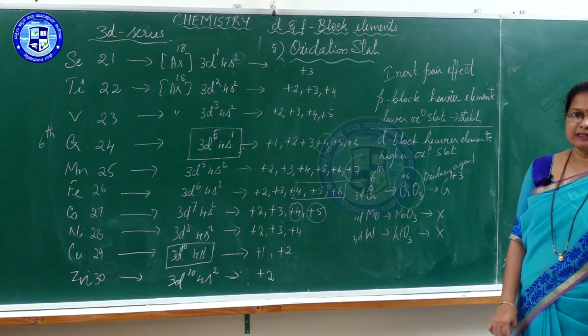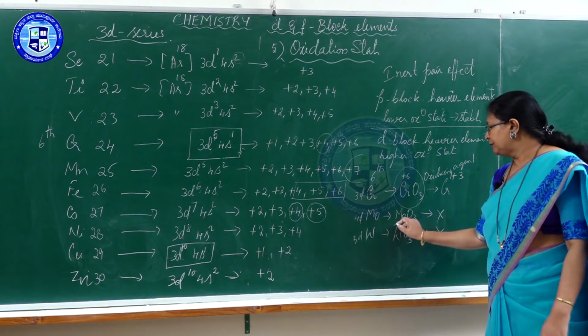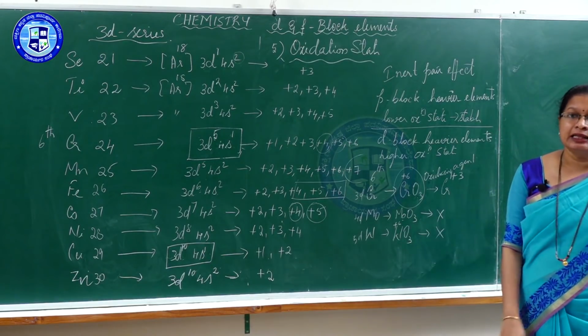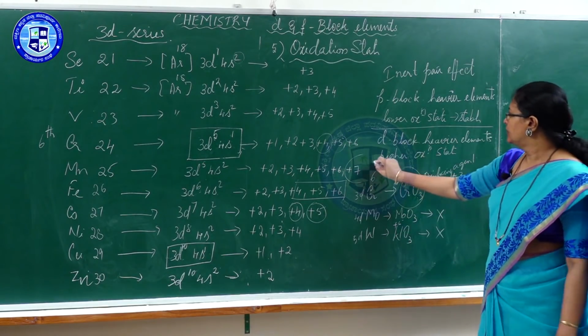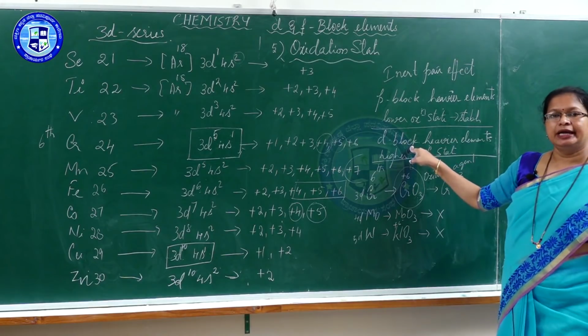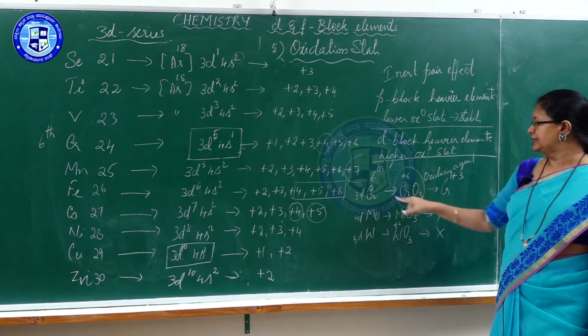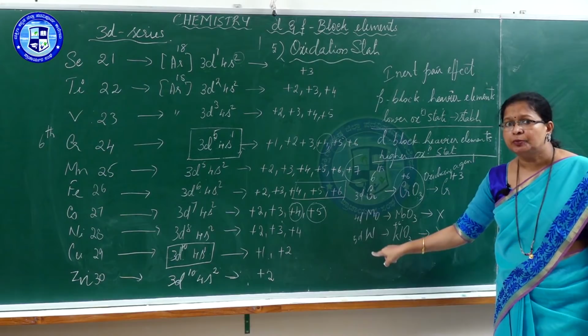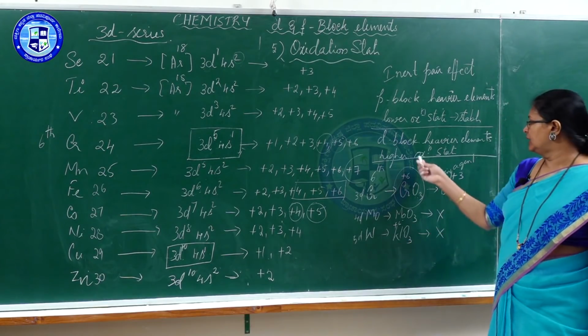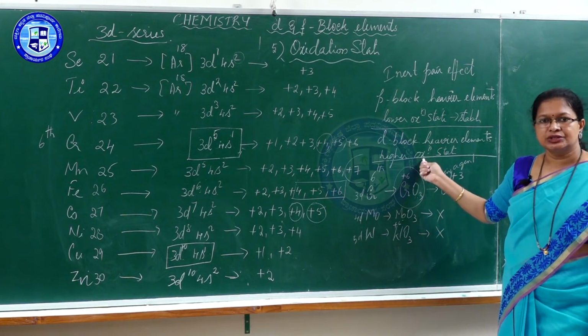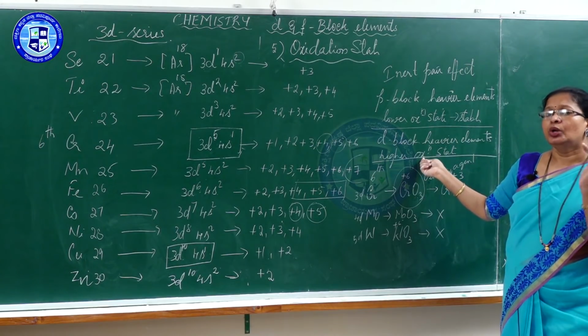What is the reason for this? They prefer to be in the plus 6 oxidation state rather than plus 3, because in d block the heavier elements down the group prefer higher oxidation state rather than lower oxidation state.